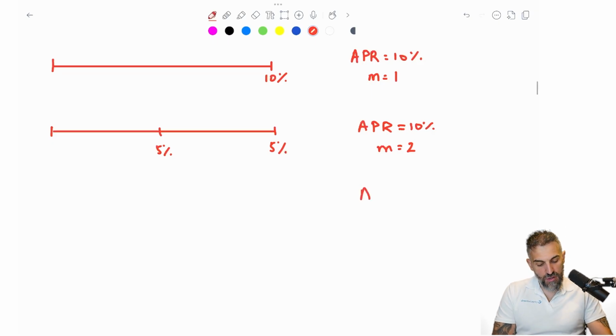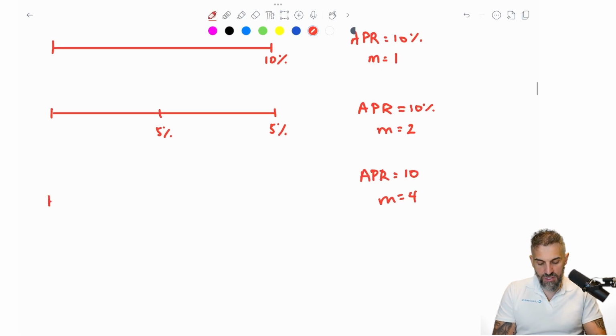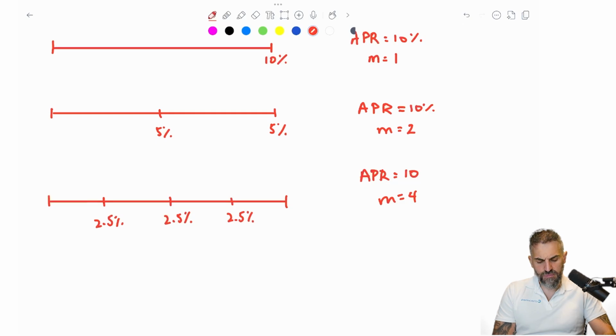And if I said APR of 10% with a quarterly compounding frequency, it's still 10% if you add it up, right? And that's the thing. If you add them up, you'll always get 10%, but it's actually 2.5% 4 times a year. Now you're looking at that maybe and saying, well, who cares? What difference does it make?